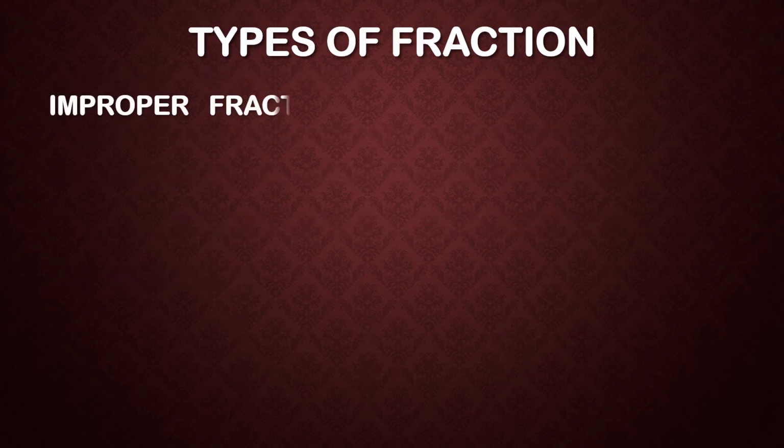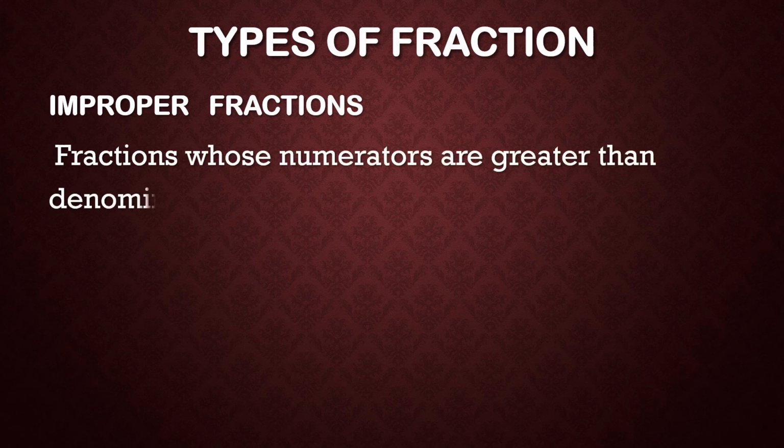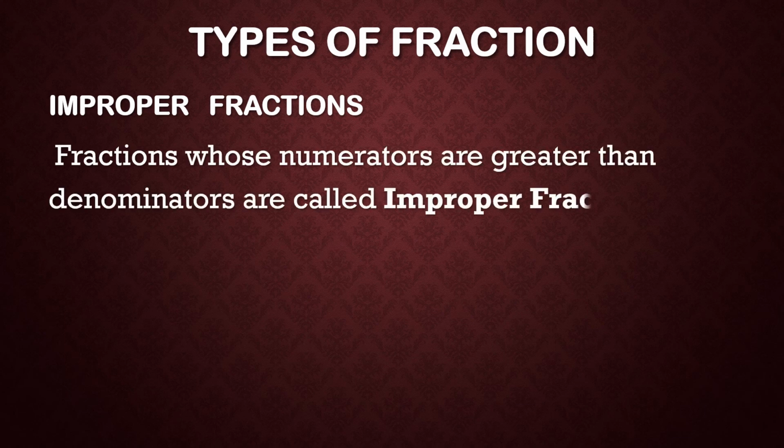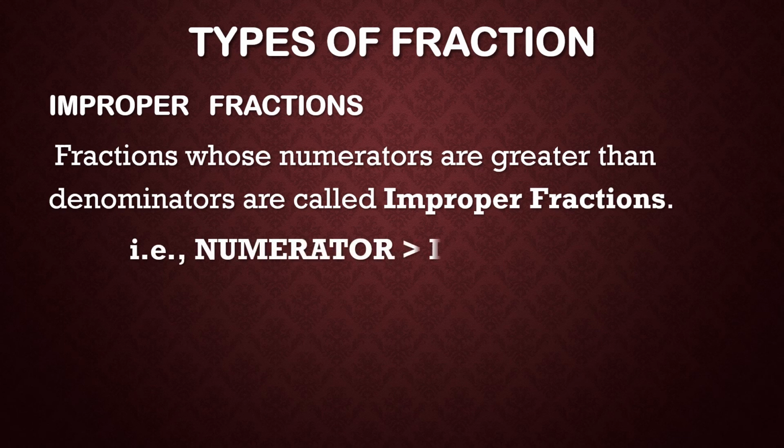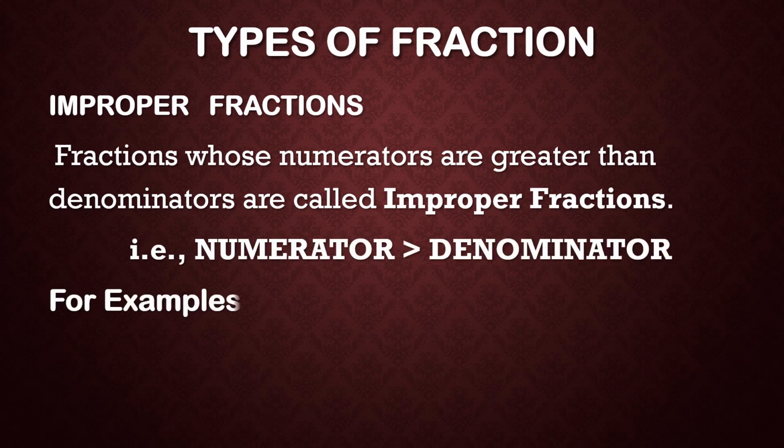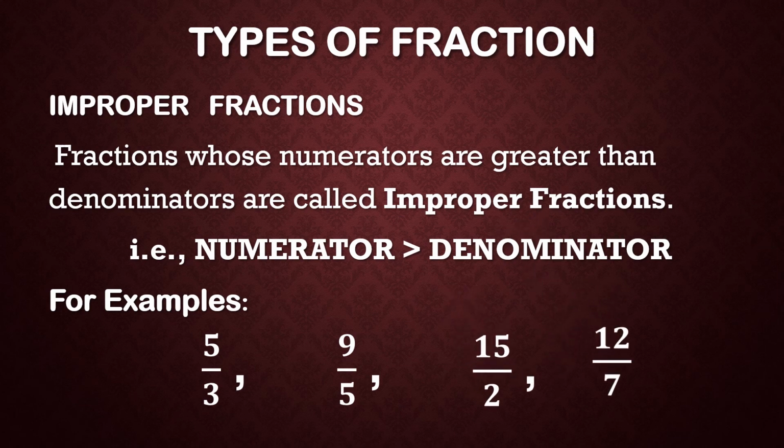Let us study improper fractions. Fractions whose numerators are greater than denominators are called improper fractions. That means the numerator is always greater than the denominator. Examples of improper fractions are 5 upon 3, 9 upon 5, 15 upon 2 and 12 upon 7. See, in each case the numerator is greater than the denominator.